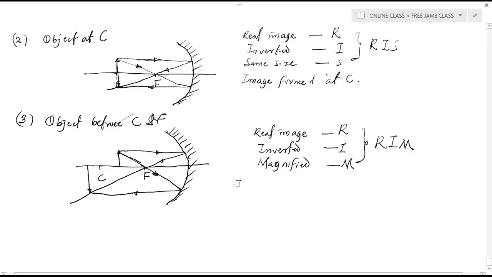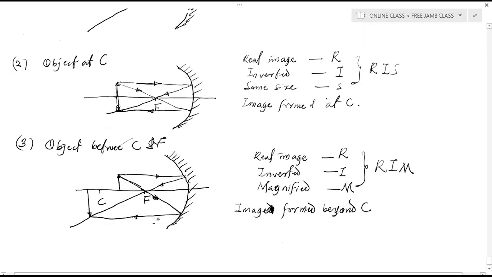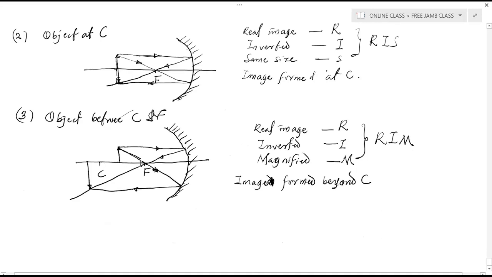Here, image formed where? Beyond C. You can see the correlation between the first one and the third one. When object is beyond C, image is formed between C and F. Now, object is between C and F, image is formed beyond C. So they're like opposites. So you must get that right.